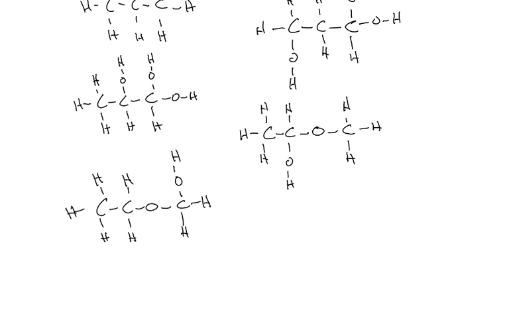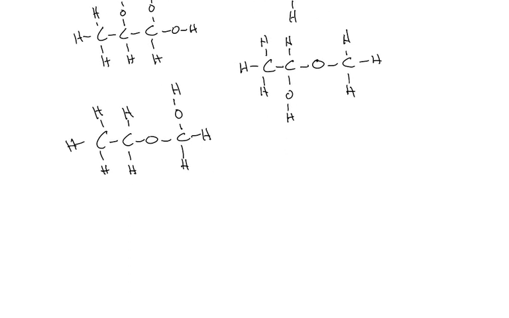Now, the reason I wanted to do this specific example is to talk about some that we can't do. What we wouldn't want to do is try to have something like this, where I still have 1, 2, 3, 4, 5, 6, 7, 8 hydrogens.